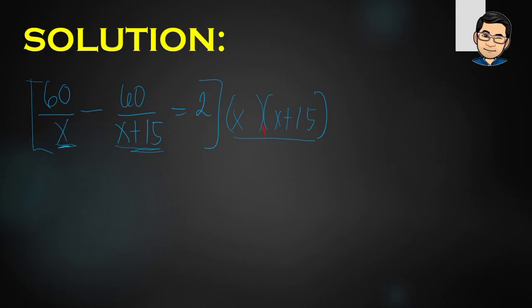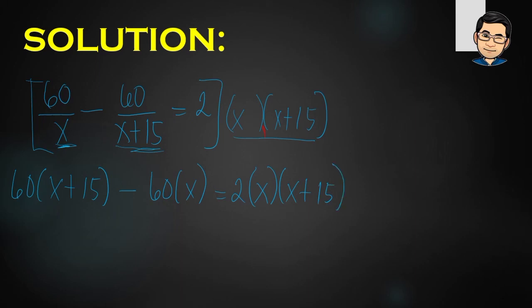So, dito muna tayo sa 60 over x. So, makakancel yung x. So, matitira na lang is 60 times x plus 15. Minus, dito naman sa pangalawa, makakancel yung x plus 15. So, x na lang ang matitira. Equals 2 times itong LCD natin. So, wala naman makakancel. Copy lang.